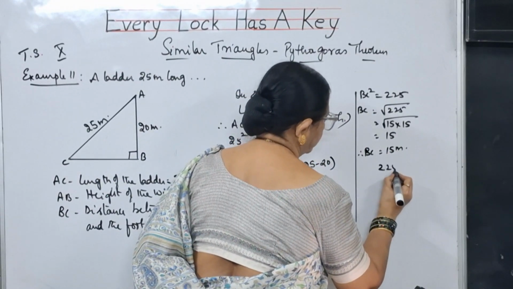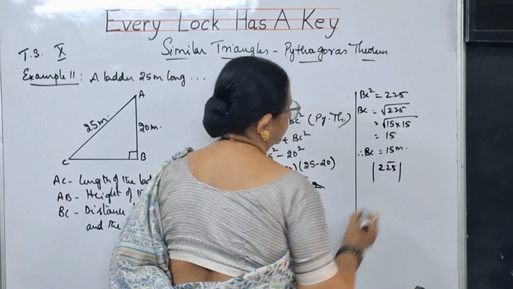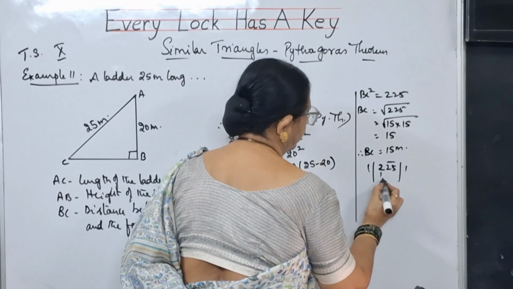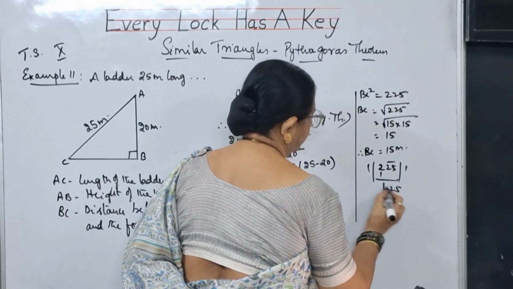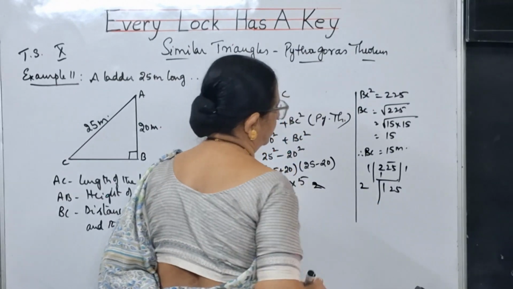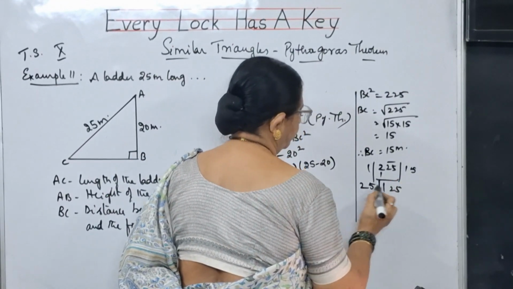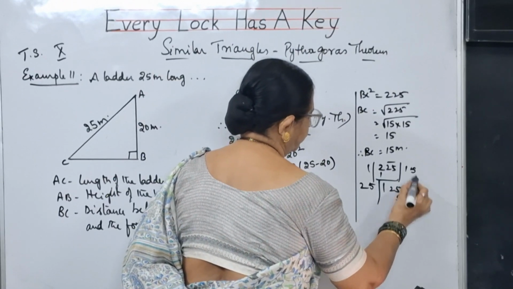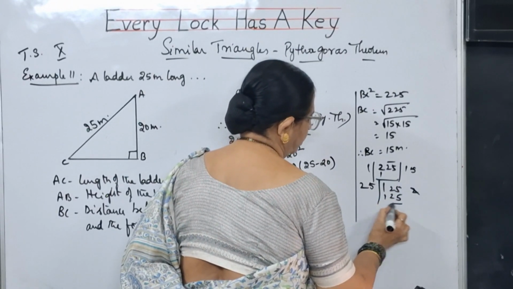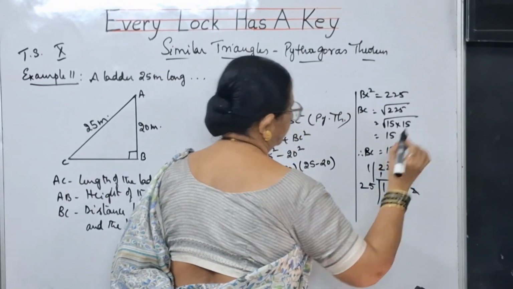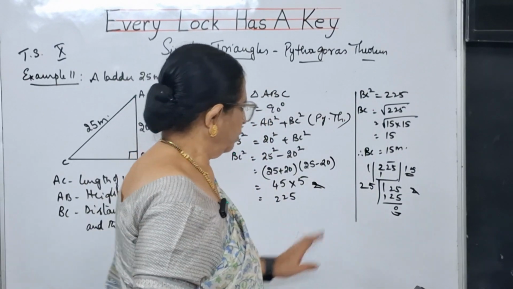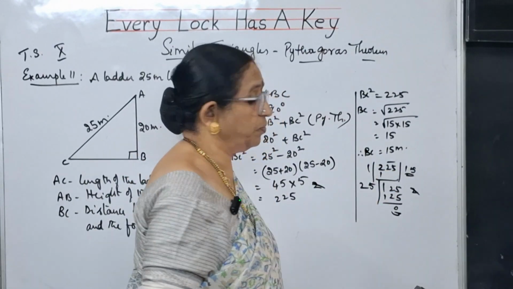If you want, see this. This is 2, this is 1, 1 ones are 1, 1, 2, 5. So I'll be writing 2 here. 25: 5 fives are 25, 5 twos are 10, 12, 125, 15 is the answer. So if you do it in the rough column, you will get 15.